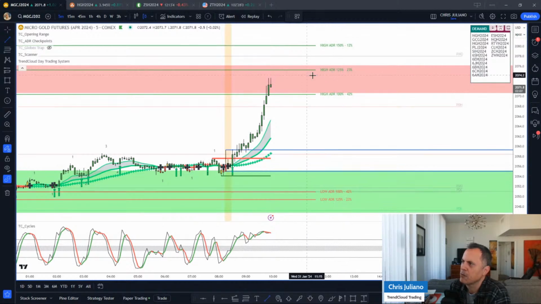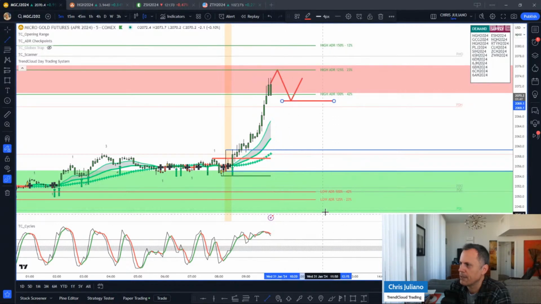We're almost there. What comes next? We've got to break through that. That's what we would wait for. We wait for that pattern on the low time frame.